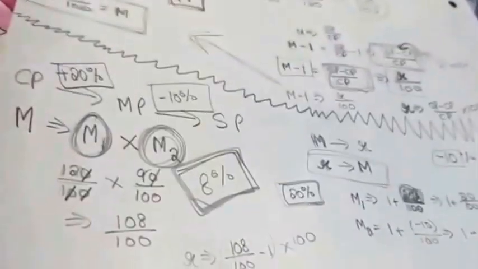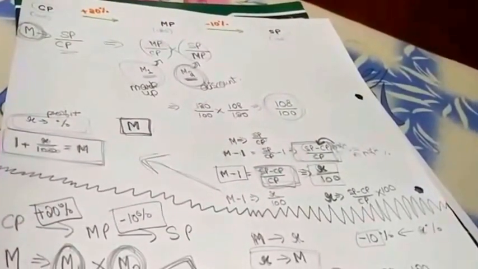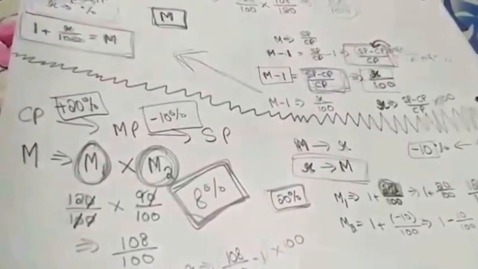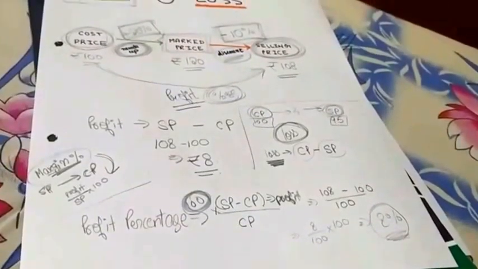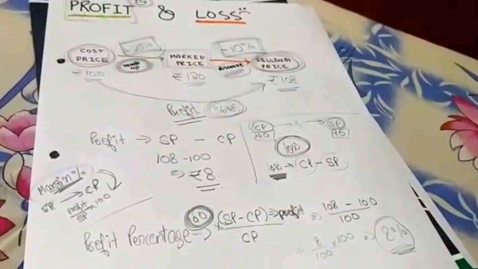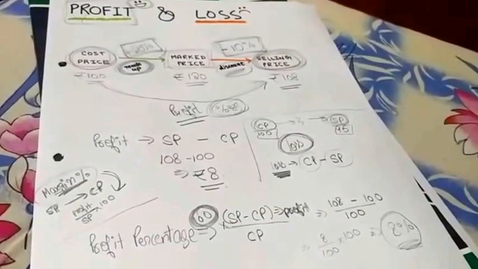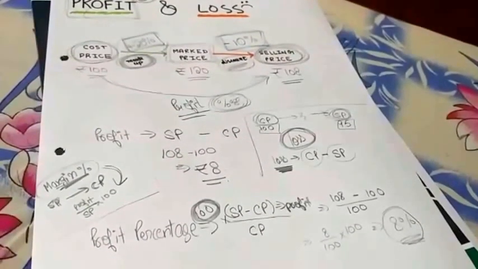And we had calculated it before as well, when we actually derived what this M actually means. So we got that 108 by 100, we got that percentage as 8%. And even when we used the very basic formula, we got that percentage of 8%. So this was the very basic starting introductory example.